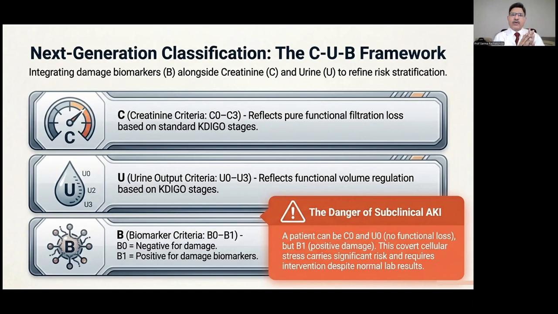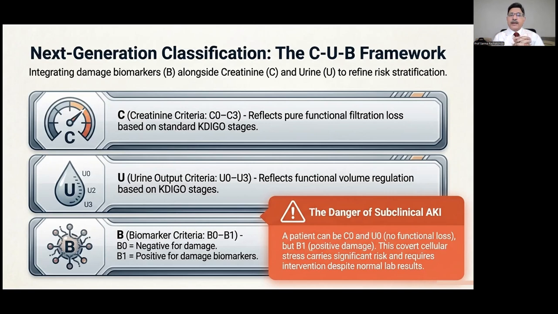I have told you, 1.5 to 2 times, 2 to 2.9 times, more than 3 times creatinine, or more than 4 milligrams are the 3 stages. 0 is not. Urine output also I told you: less than 0.5 ml for 6 hours, less than 0.5 ml for 12 hours, less than 0.3 ml for more than 24 hours. U0 is not. Biomarkers, B0 is negative, B1 is positive.